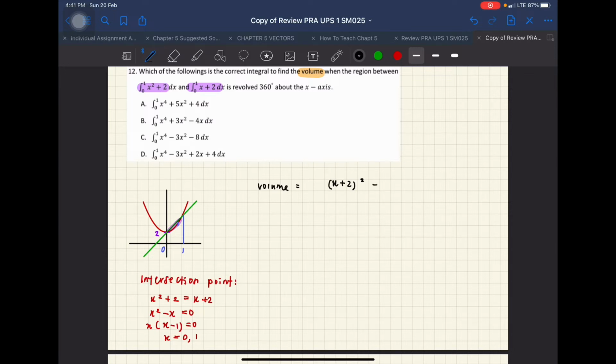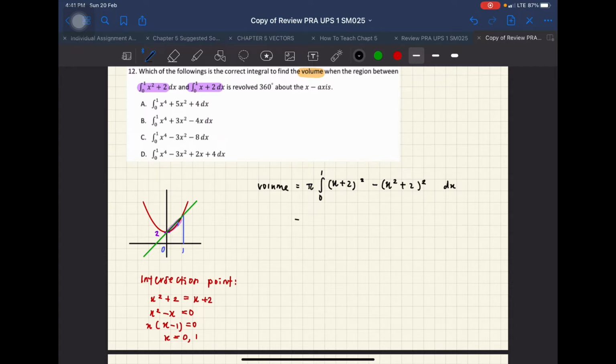And then you have to minus it with the lower function beneath, the one sitting at the bottom. That is quadratic. So you have x squared plus 2 squared there. And the whole thing you need to put from 0 to 1, also pi.